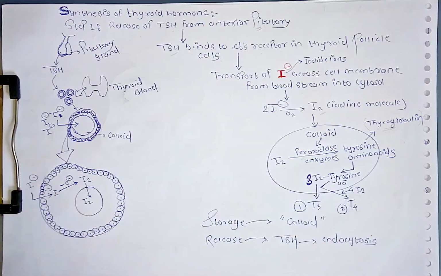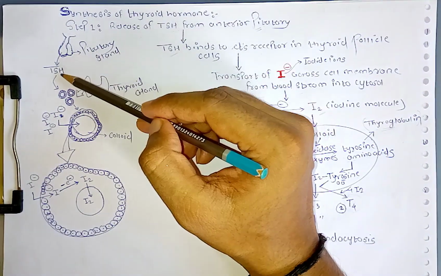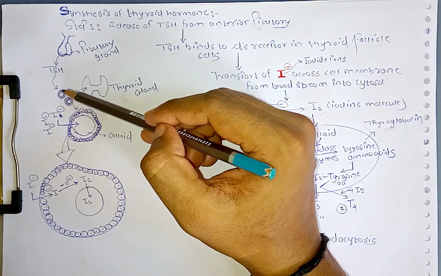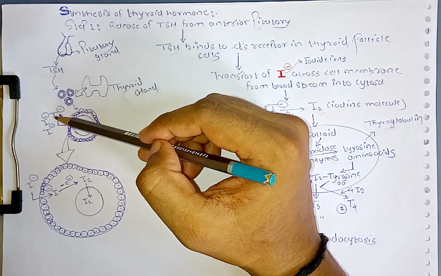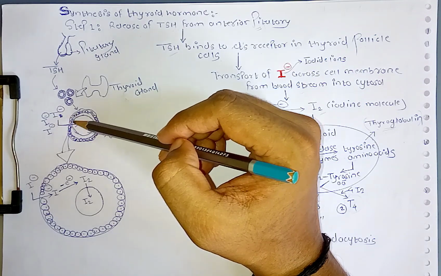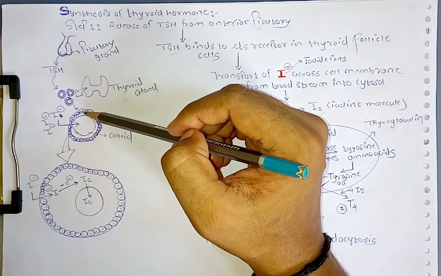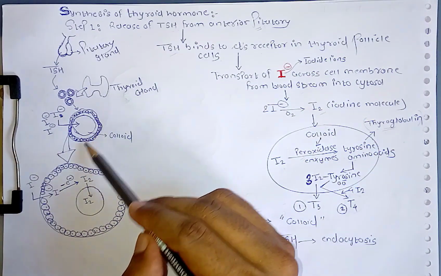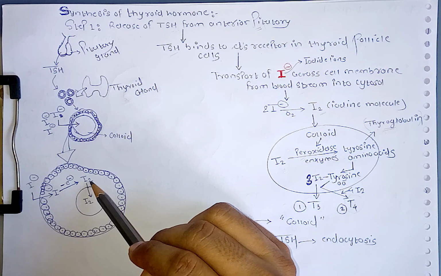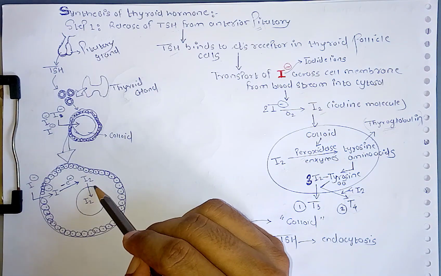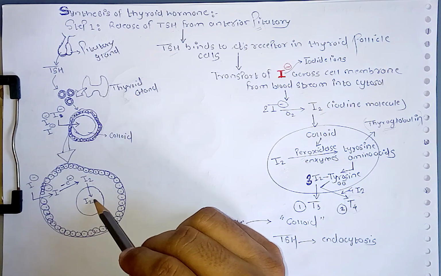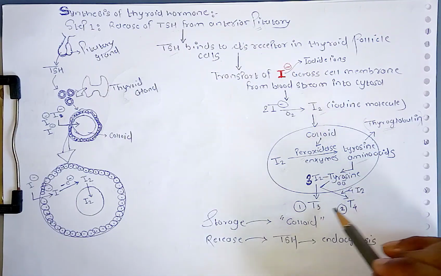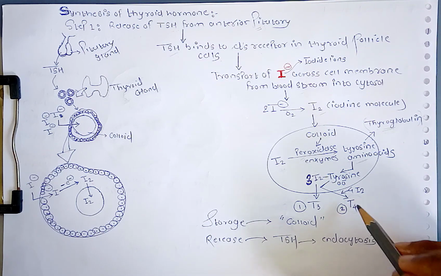Let's see here. First, the pituitary gland releases thyroid stimulating hormone. It binds to the receptors located on the thyroid follicles. Then iodide ions enter the thyroid follicle, where they get oxidized to iodine molecules, and inside the colloid, these iodine molecules get connected to the tyrosine amino acids to form triiodothyronine and tetraiodothyronine molecules.